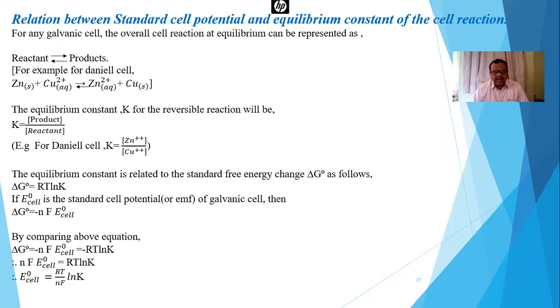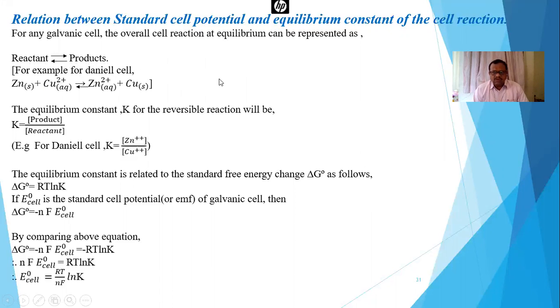For any galvanic cell, the overall reaction at equilibrium can be represented as follows. In a galvanic cell, the reactants are converted into products, and the products can again be converted into reactants. It is a reversible reaction.